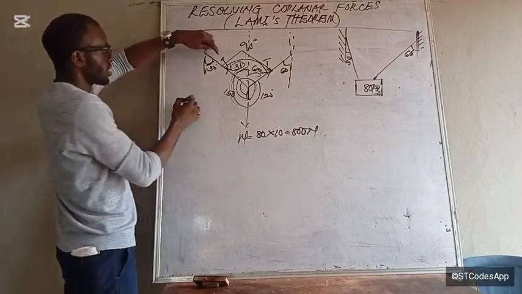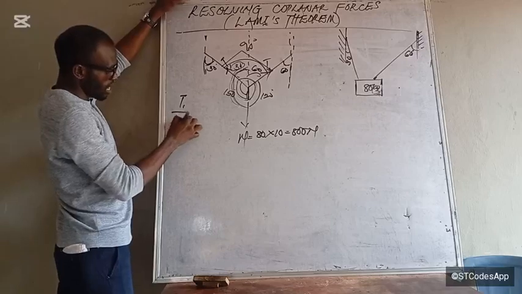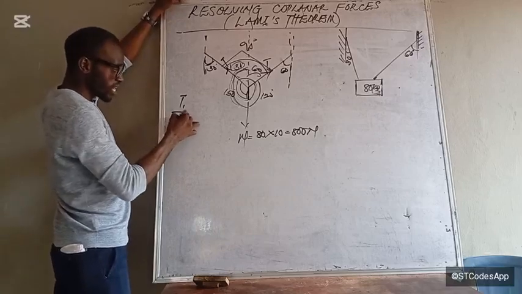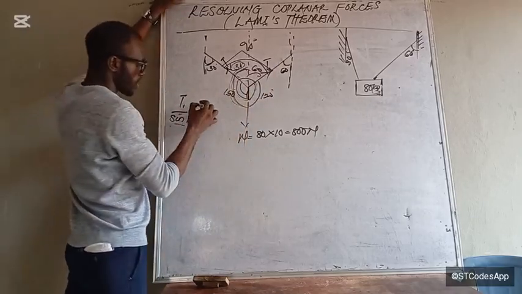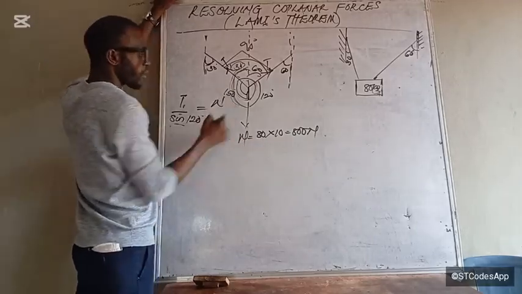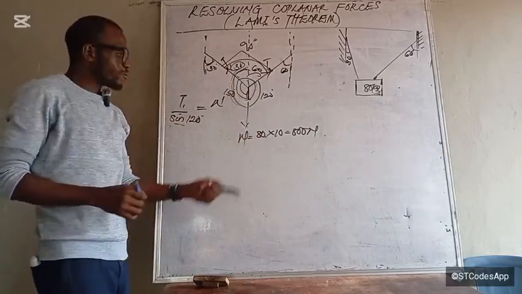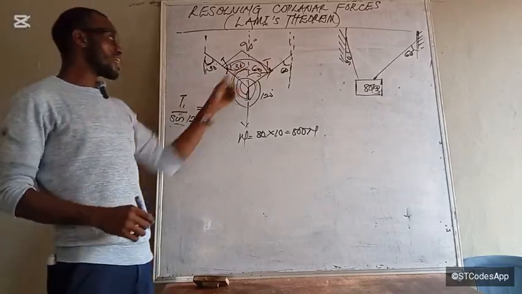So to find T1, it will be T1 over sine of the angle between the two other forces, which will be equal to the one we have. Let's do W, because W is the one we have completely. We have the size and the angle. But we use T2 here.